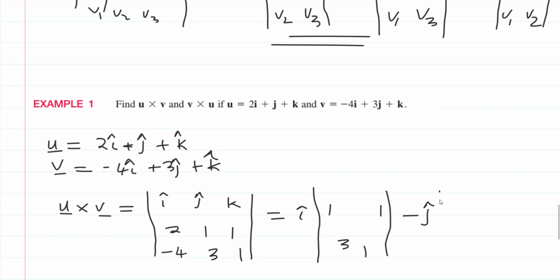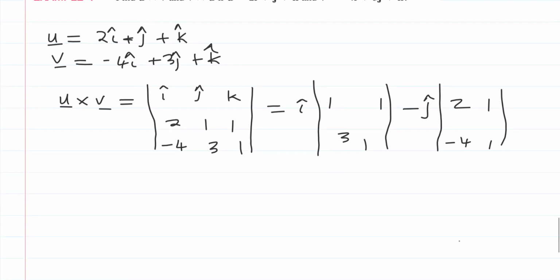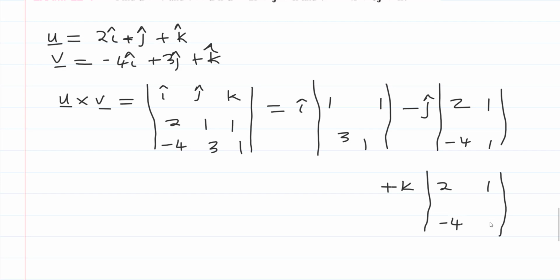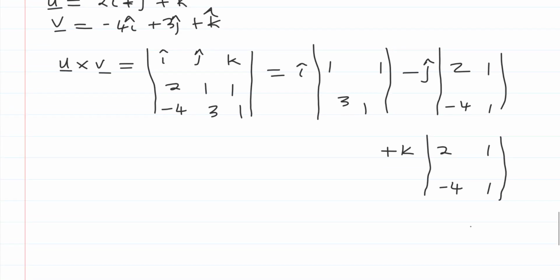We cancel the row and column for j, so remember it's 2, 1, minus 4, 1. Then the pivot is plus k, and if we cancel the row and column for k, what remains is 2, 1, minus 4, 3.